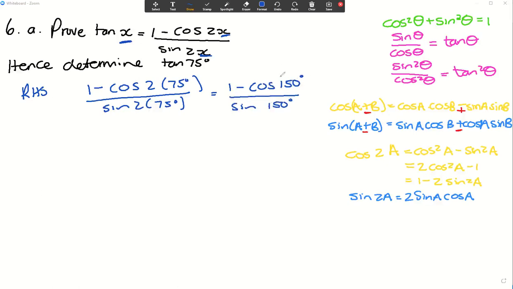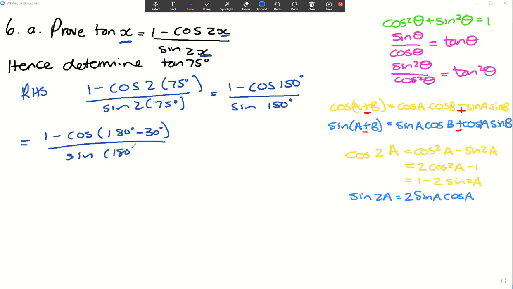I have got an angle that is larger than an acute angle, and as soon as I see that, I think reduction formula. So I end up going 1 minus cos, how do I get 150? Well, I can go 180 minus a special angle 30 all over sine, and I can do the same thing there, 180 minus 30.